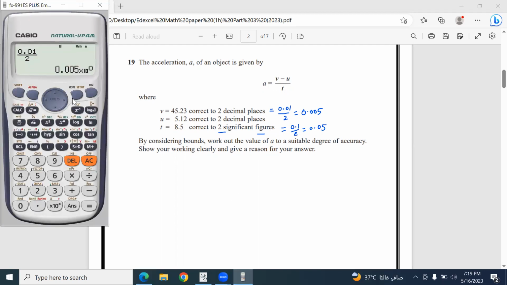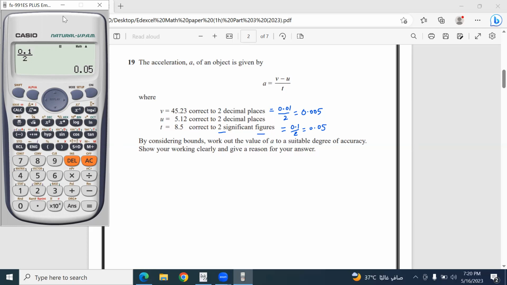We can check also 0.1, 0.1 divided by 2, that gives us 0.05. Now for upper bound, we will add this degree of accuracy, and for lower we will subtract.